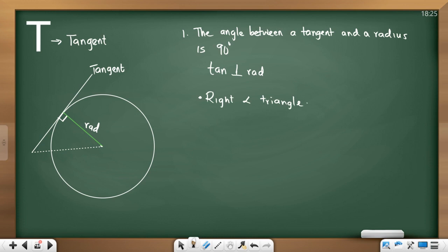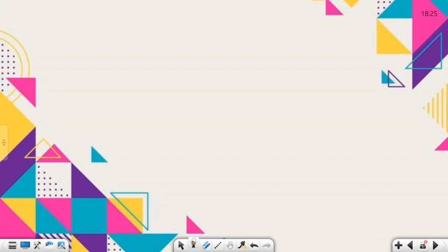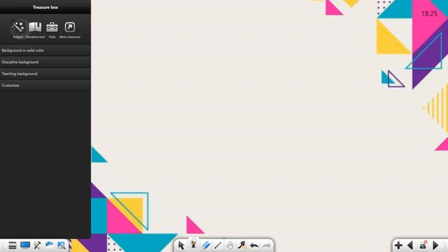We're done with that. Remember we said tangent, there are two concepts that we need to look at. Now let's look at the second one. Here we don't need to prove anything. We're not proving. Now the next one, still on the tangent, is known as tan-chord.